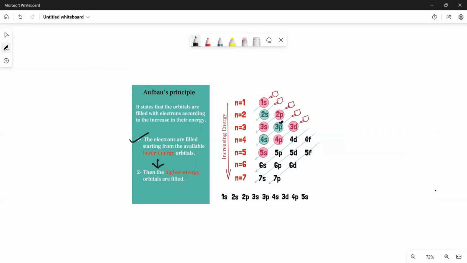Now, what is the way to fill the electrons? You see this diagram that is marked. You draw straight diagonal lines, starting from this side and going to this side. Start from this side, then go towards the next. So it will go like this.